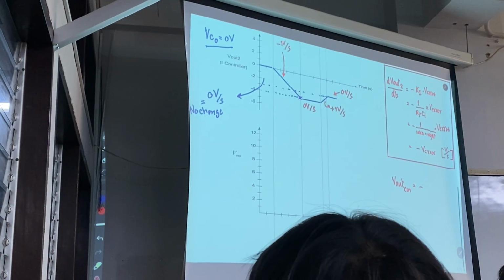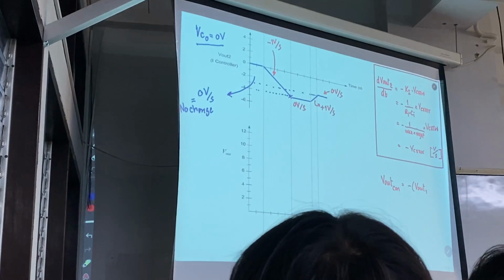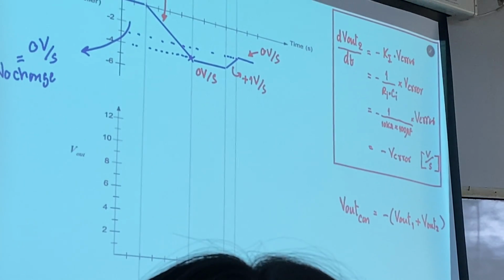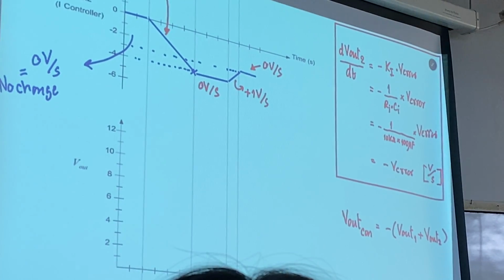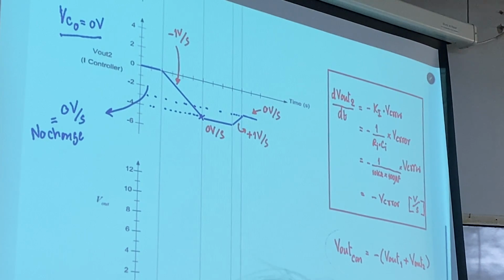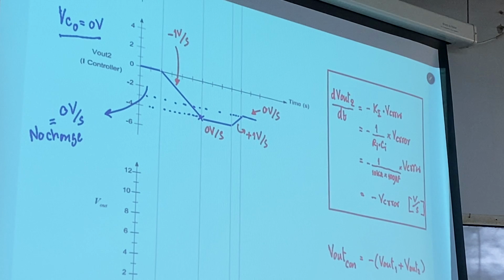Then you have minus Vout1 plus Vout2. That is pretty easy for a summing amplifier: the output equation of a summing amplifier which has a gain of 1.